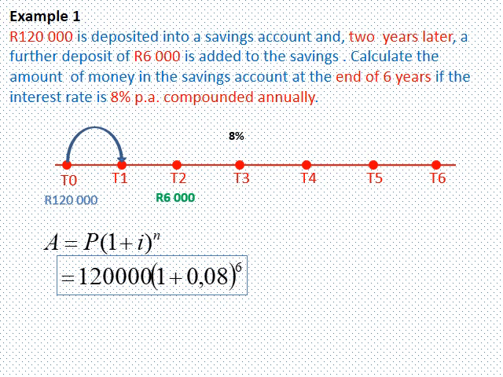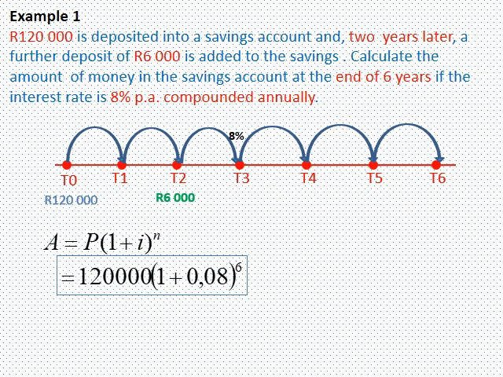Because if you count how many hops or how many little bunny jumps or how many years 120,000 Rand lies in the account, we'll count 1, 2, 3, 4, 5, 6 years. That is why the N in this blue rectangle is 6, because 120,000 Rand stayed in the account for 6 years, so we can get a full amount from that figure.